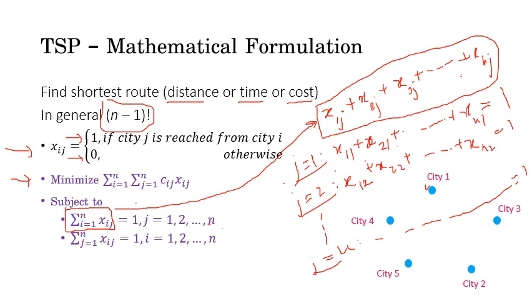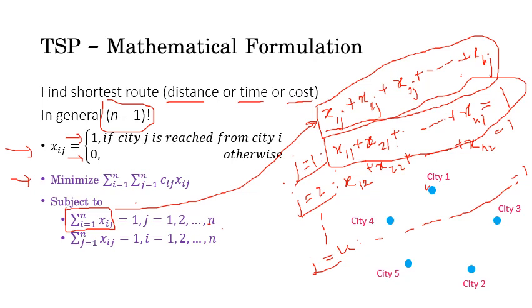Okay, so what is the meaning of this? x11 plus x21 plus and so on to plus xn1 equals 1. This means that this summation must be equal to 1. That means out of these terms only one can be equal to 1 and the others should be 0.